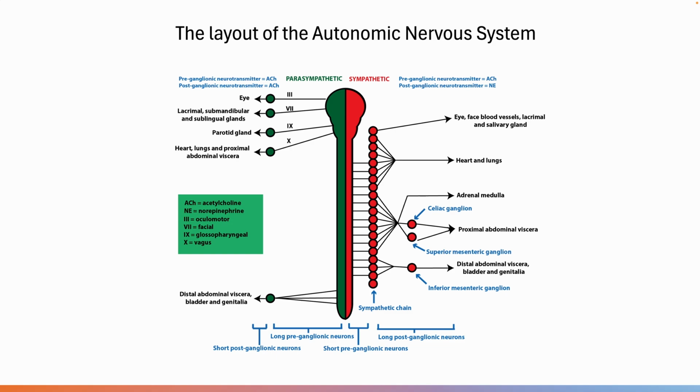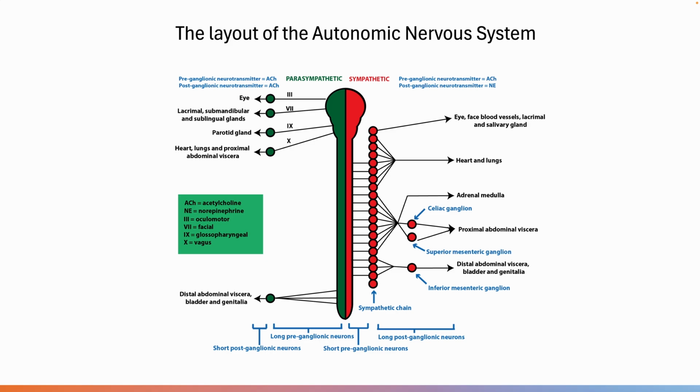The cranial parasympathetic nerves supply viscera in the upper half of the body up to the junction of the midgut and the hindgut, just before the splenic flexure of the transverse colon. The sacral parasympathetic outflow supplies the viscera of the lower half of the body.